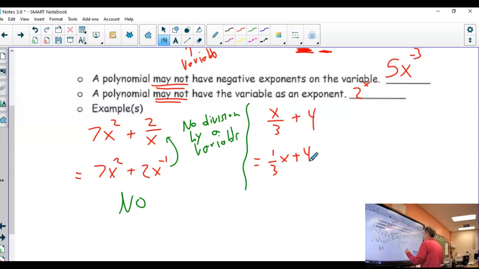So it's got a coefficient on the variable that is a real number, right? Do we all realize that 1/3 times x is the same as x over 3? Those two are the same, right?